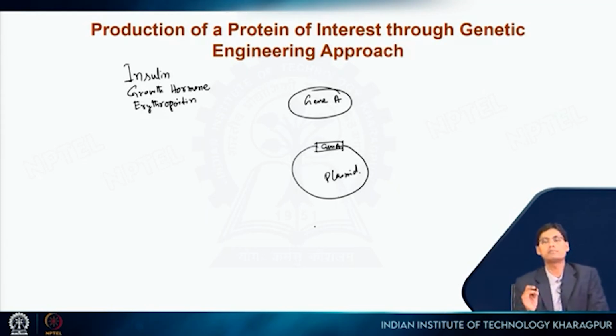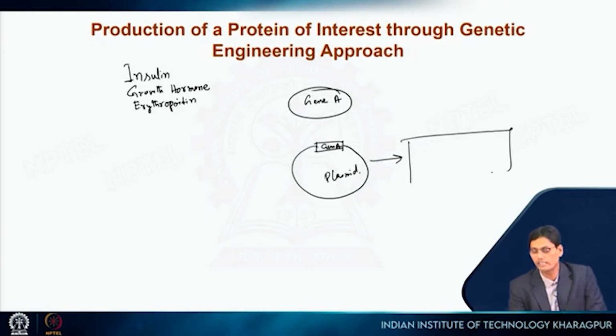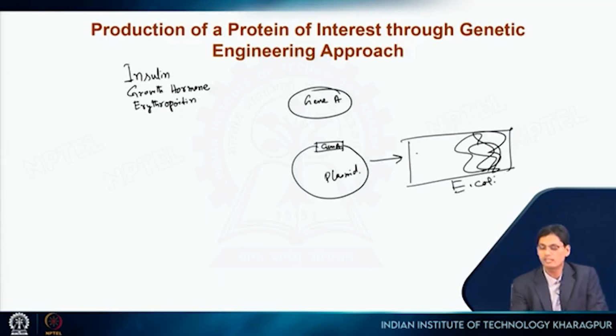This plasmid can be a high copy number plasmid, so that plasmid can exist in very high copy number in one bacterial cell. So when you are putting this plasmid in some E. coli cell, this is the plasmid here, and this plasmid contains your gene of interest here, gene A.